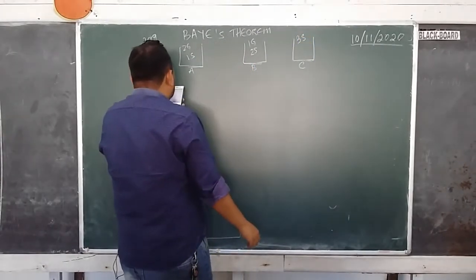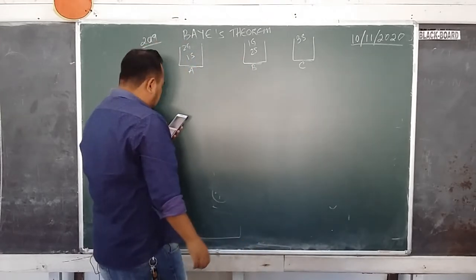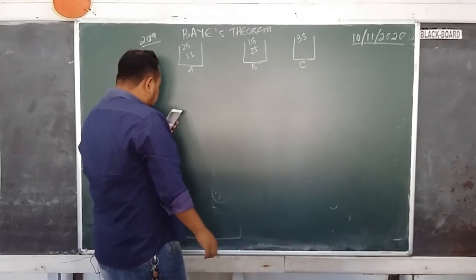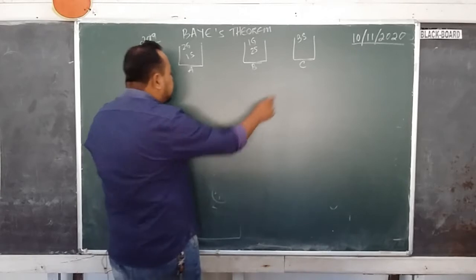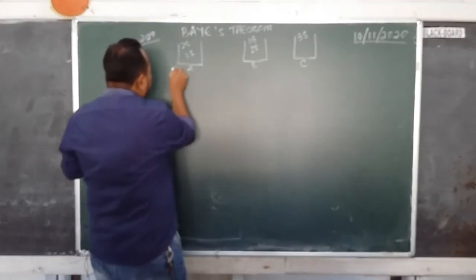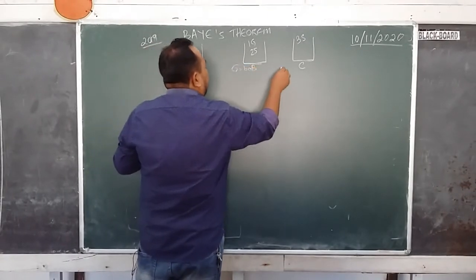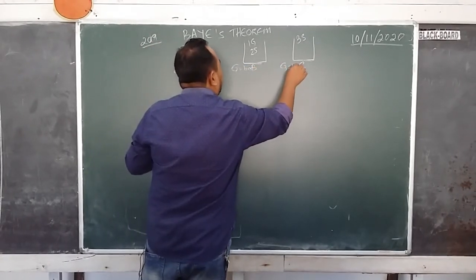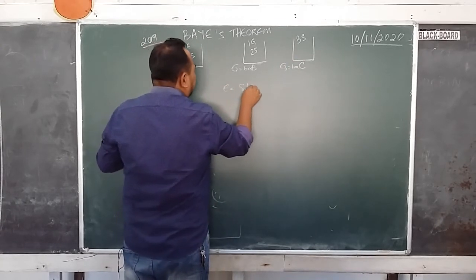A person chooses a box at random, that means he can choose any box, isn't it? And takes out a coin. If the coin drawn is silver, that means the common event. So E1 is box A, E2 is box B and E3 is box C. So the common event E is the silver coin.